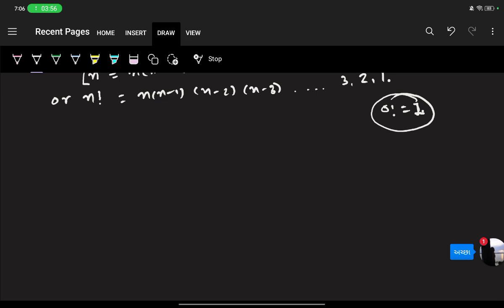Now factorials of only natural numbers are defined, so you can only write it for natural numbers.